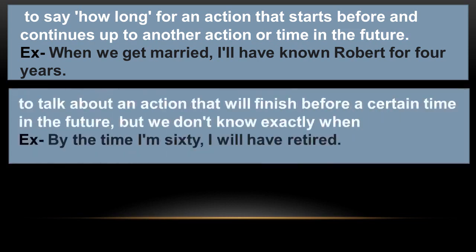Next use, to talk about an action that will finish before a certain time in the future, but we do not know exactly when. For example, by the time I am 60, I will have retired.